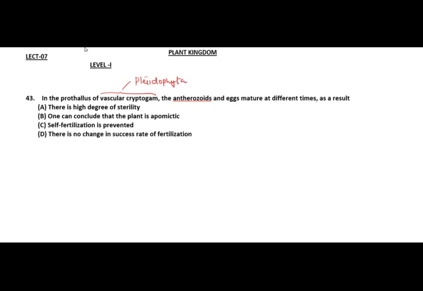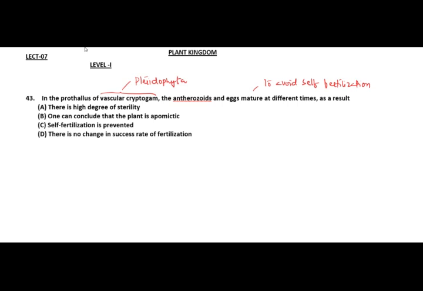The prothallus, which is the haploid gametophyte, produces the male and female gametes. Producing them at different times is actually an adaptation to avoid self-fertilization.